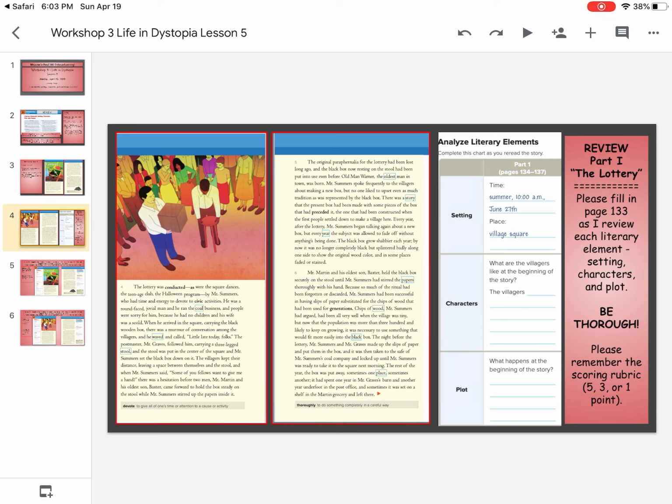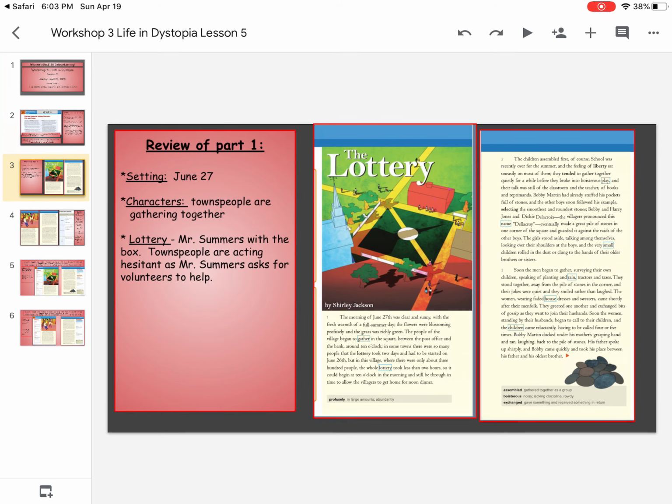So when we look at page 133, we're going to have you focus on the next part, which says, what are the villagers like at the beginning of the story? If you go back into the actual story, they talked about how the men and the women and children were all gathering together. The men were talking about things that were important to them, like the taxes.